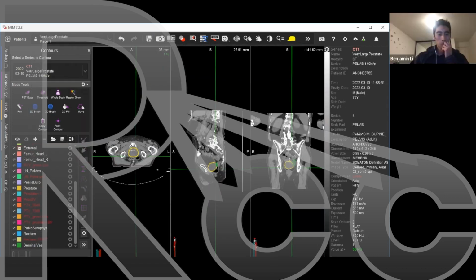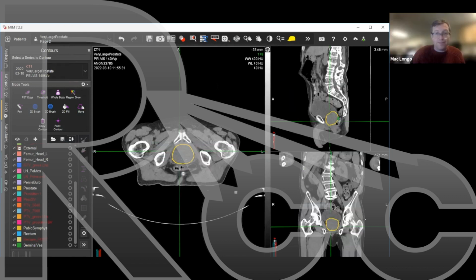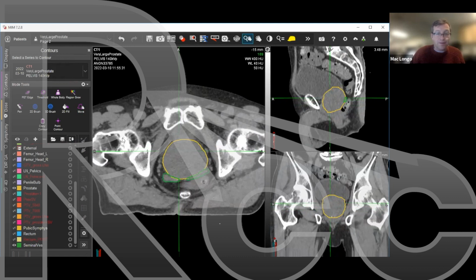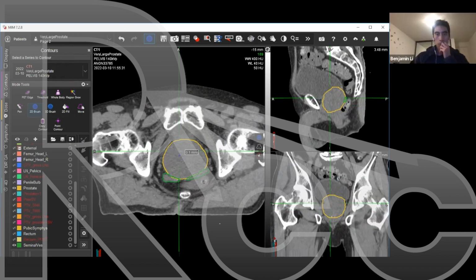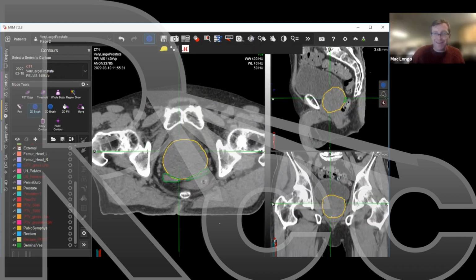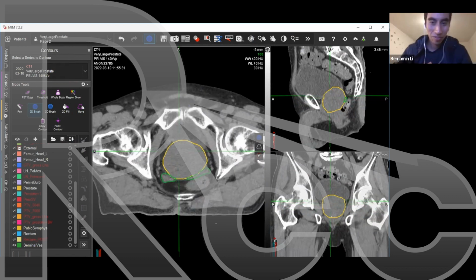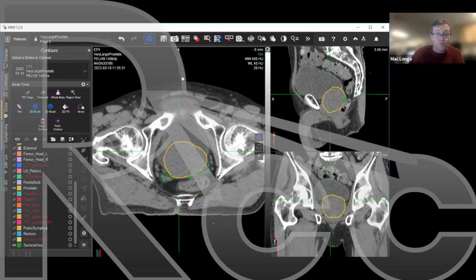So you can see here, as we go superiorly, we see how large this prostate is. Let's see, can I get a sense of the diameter? Oh gosh, I'm not going to do that. I have a new mouse here and I'm not so adept with it yet, but you can just see how enormous this prostate is, and it's extending into the bladder.